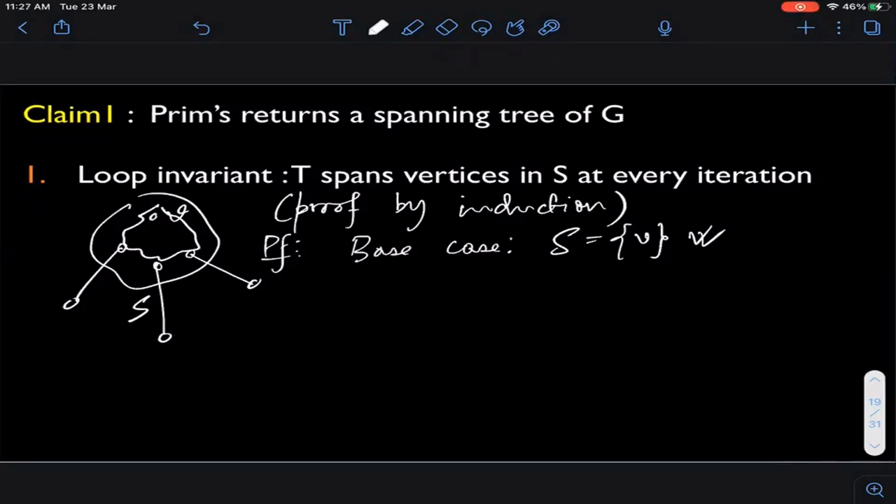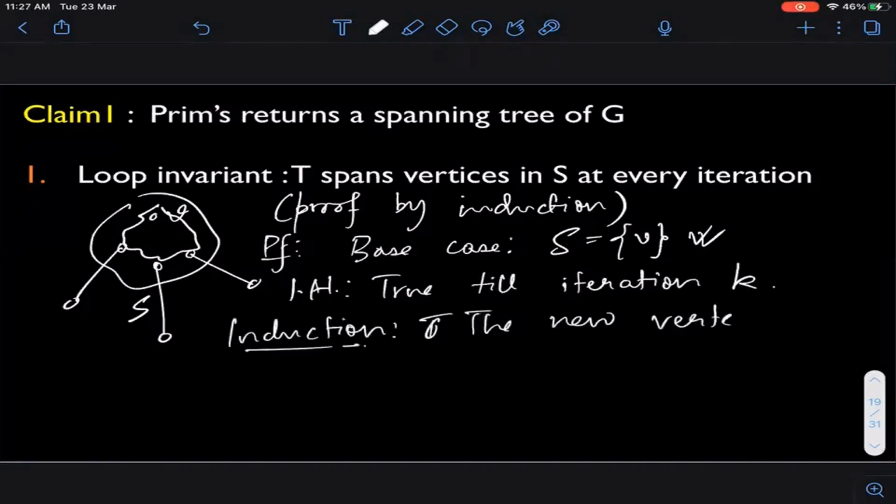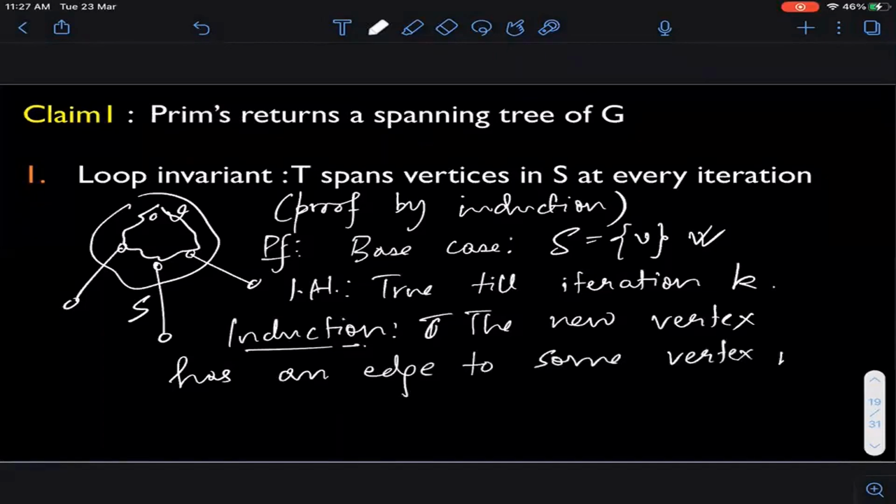So the induction hypothesis is true till iteration k, and in the induction step, the new vertex has an edge to some vertex in the current set.